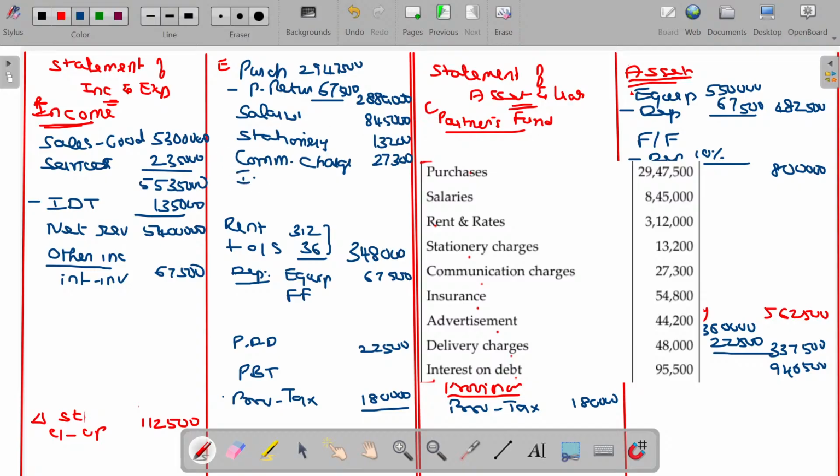Insurance 54,800. Advertisement 44,200. Delivery charges 48,000.